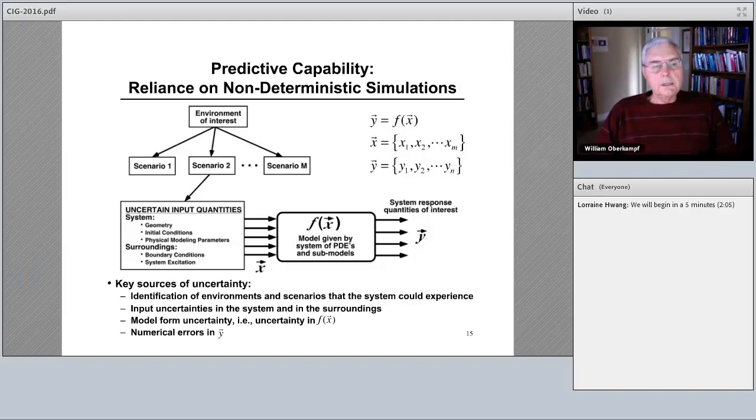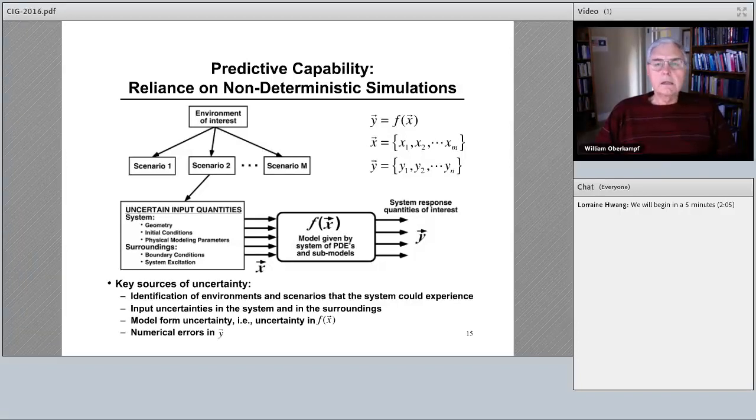And then under each environment, each one of these is a particular set of analyses. You have different scenarios. You may have earthquake scenarios, you may have volcanic scenarios, tidal waves, whatever. Those are all individual simulations. And once you get down to the particular scenario for the particular environment, you have two large categories of input data: system data and surroundings data.